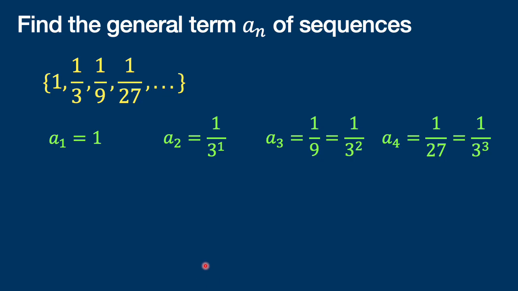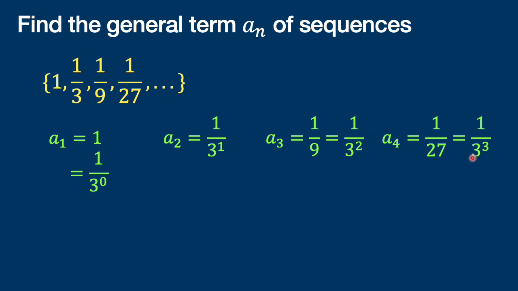A1, rewrite it. A1 is 1 over 3 to the 0 power. 3 to the 0 power is 1. So can you see the pattern? A1 is 1 over 3 to the 0. A2 is going to be 1 over 3 to the first power. A3 is going to be 1 over 3 squared. I'm sorry, A3 is 1 over 3 squared.